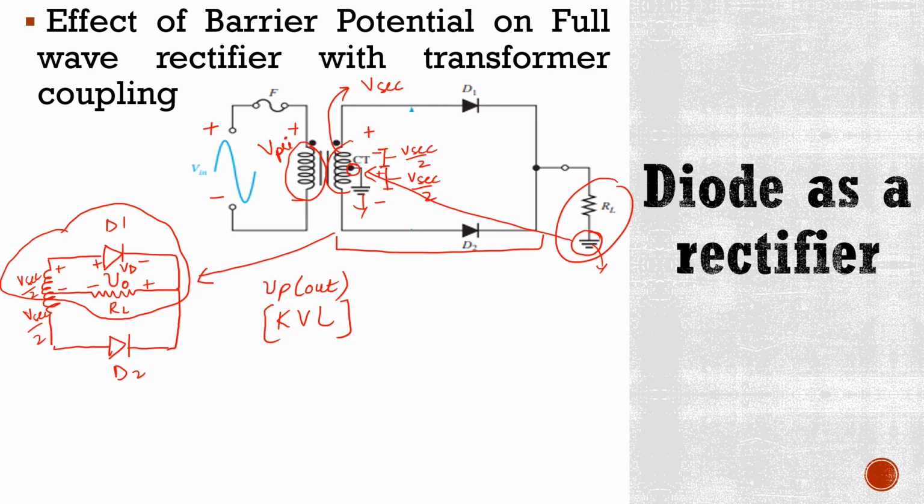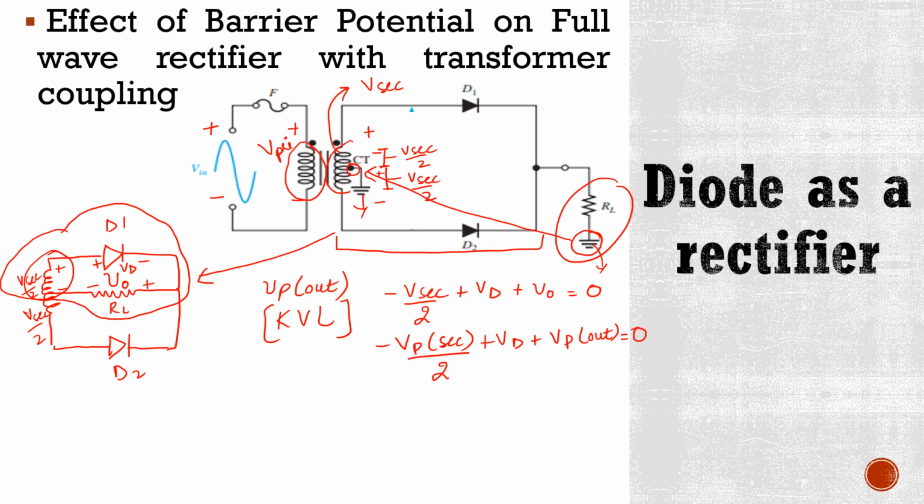So we start from this point. Now our KVL equation will be minus V sec divided by 2 plus VD plus V0 is equal to 0. Here we are talking about peak voltages. So this equation can be written as minus Vp secondary divided by 2 plus Vd plus Vp out is equal to 0.